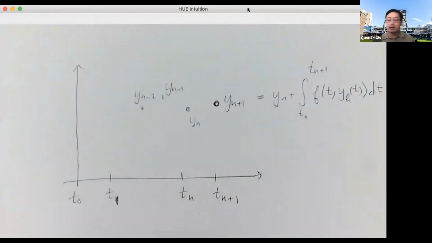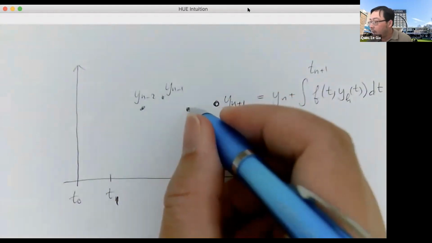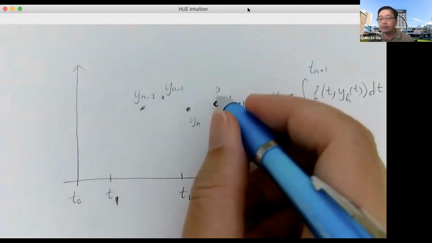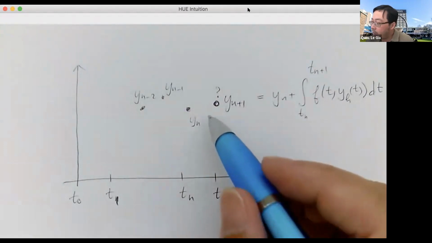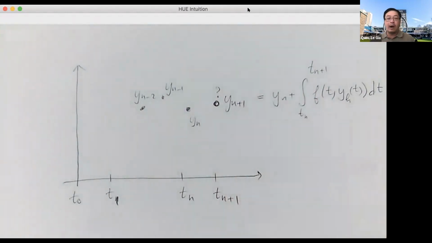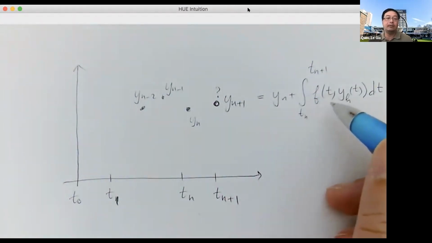So these are known, and this one is not known. So how do you approximate the integral? Well, how do you approximate the function f? Once you can approximate the function f, then you can approximate the integral, right?